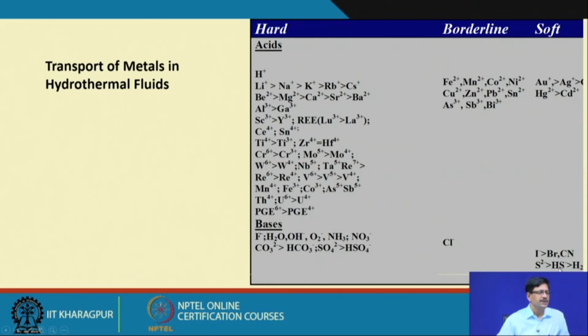So, depending on the pH of the environment, if there is a dominance of the bisulfide or the sulfide species, then only the gold or the silver or the mercury will get the opportunity to get complexed as bisulfide or sulfide. Otherwise, if there is a dominance of chloride, and also the dominance of the type of complex which forms is a function of the temperature, but within those limitations, these give us a good guideline to understand which of the metals are being transported in what form.